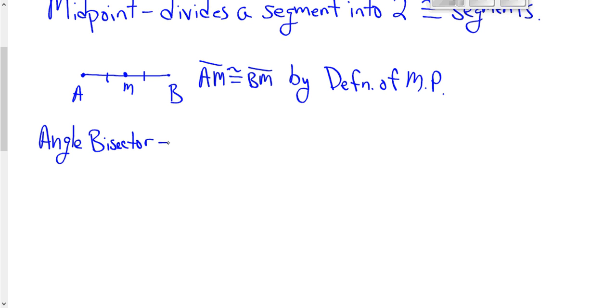Well, if it bisects it, what does the segment bisector do? It divides the segment into two congruent segments. So an angle bisector divides an angle into two congruent angles.